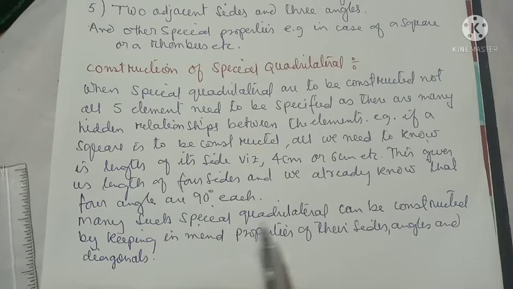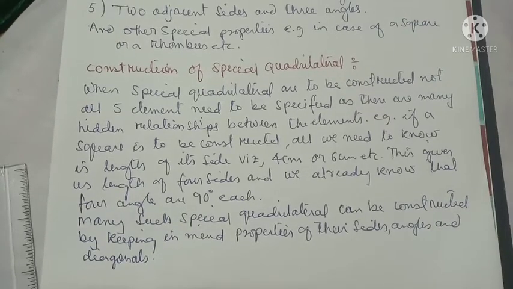In many such cases, we can construct using the properties of particular figures like square, rectangle, rhombus, trapezium, kite. If you want to construct these, we have to follow their properties. So let's discuss one example.